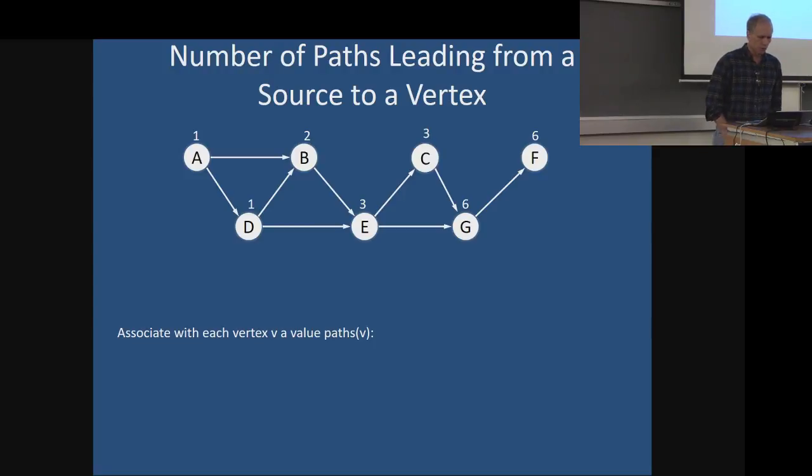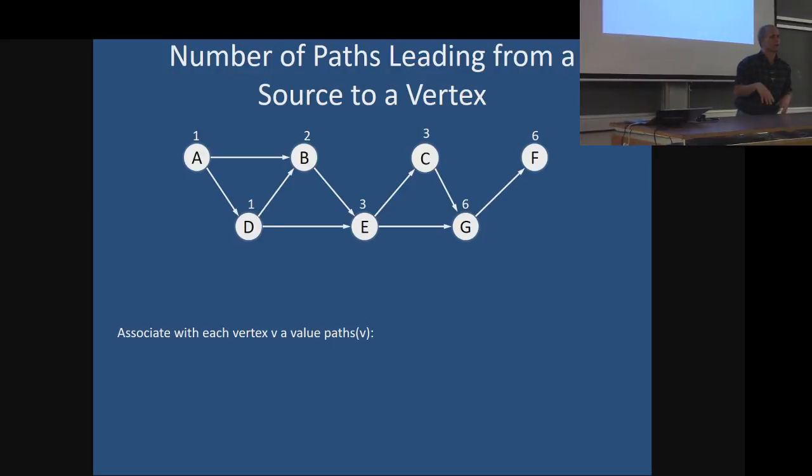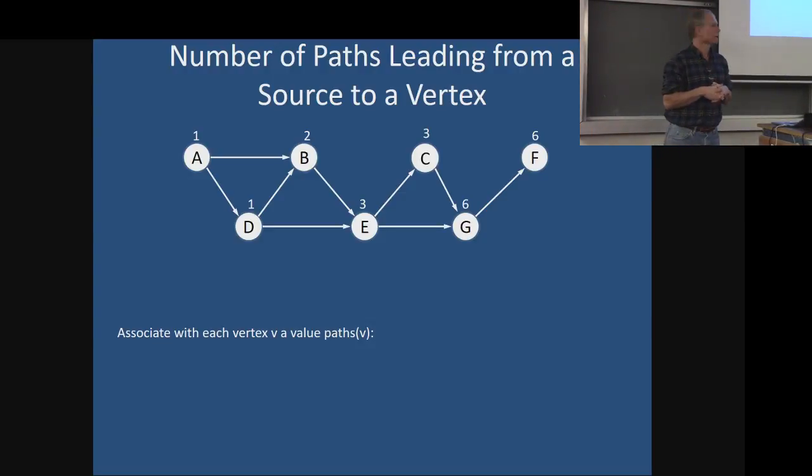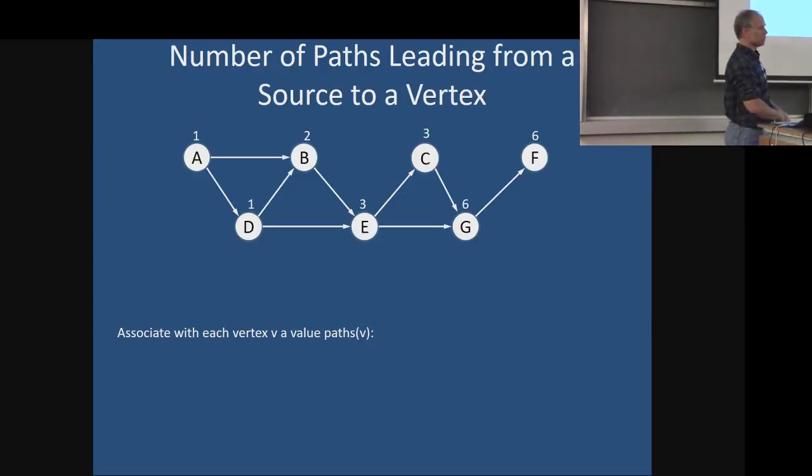So what's the creative spark here? What simple computation could you do to each vertex, assuming you do it in the right order, that would tell you the answer? You would just add the paths of the 2 predecessors. Okay, you look at your predecessors and add up their values.